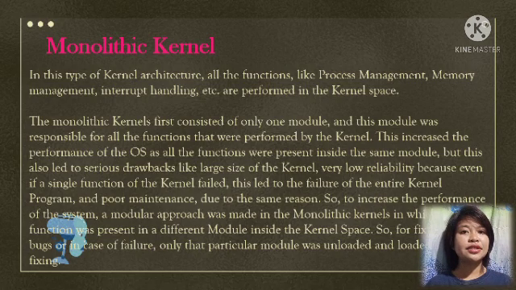This increased the performance of the operating system as all the functions were present inside the same module, but this also led to serious drawbacks like the large size of the kernel and very low reliability, because even if a single function of the kernel failed, this led to the failure of the entire kernel program. There was also poor maintenance due to the same reason.